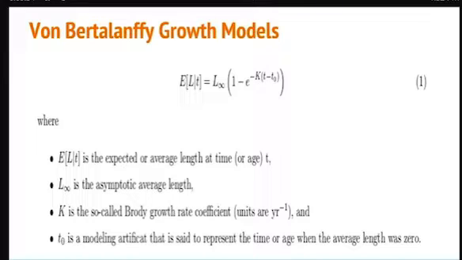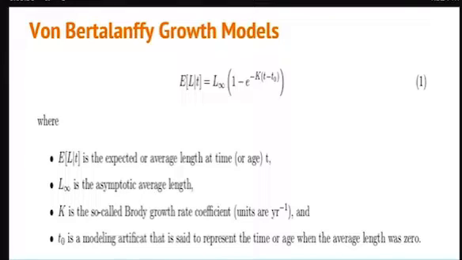Now, in equation 1, that is the expected value of the length of a particular animal at a time t, which is equal to L infinity. The L infinity here is the asymptotic average length.